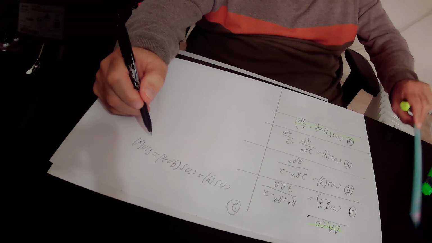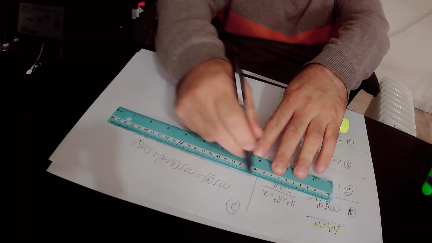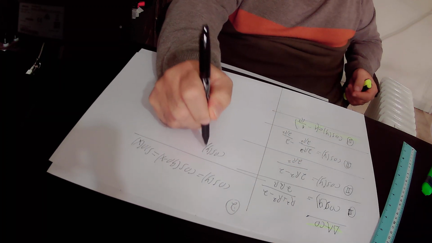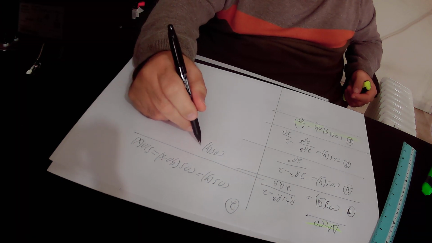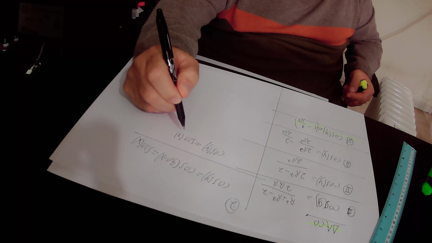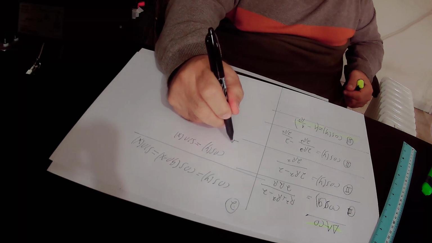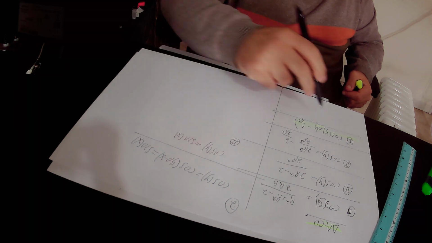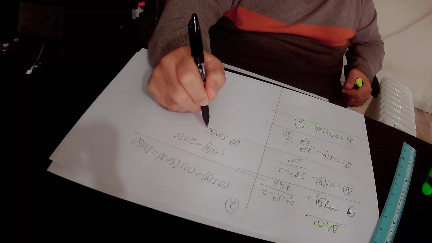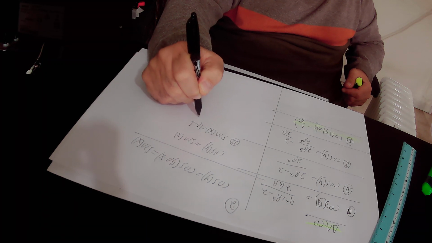So in conclusion, cosine y equals sine x. Therefore, we'll substitute cosine y in equation number 2 by sine x, and according to equation number 2, sine x is equal to 1 minus 1 over r squared.